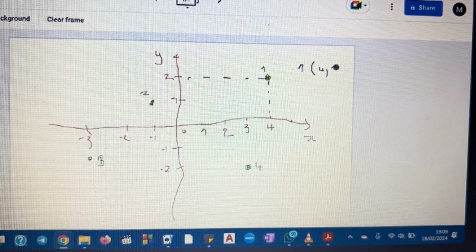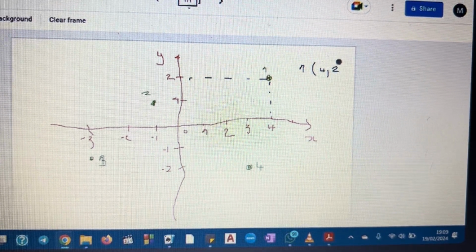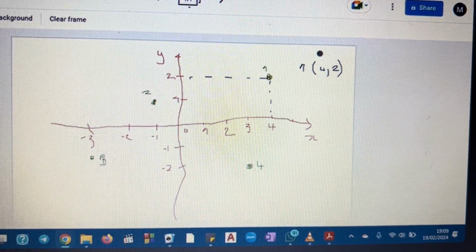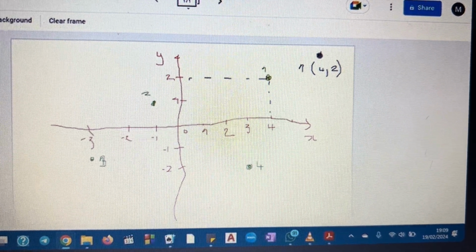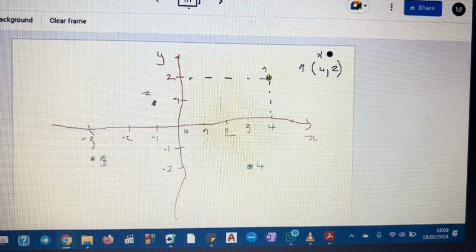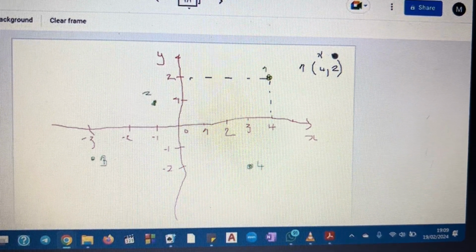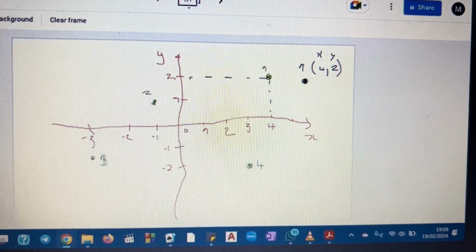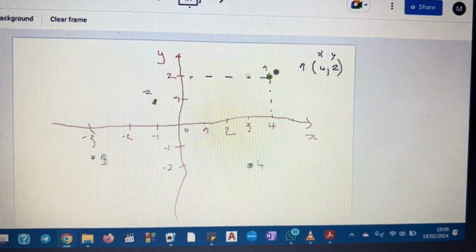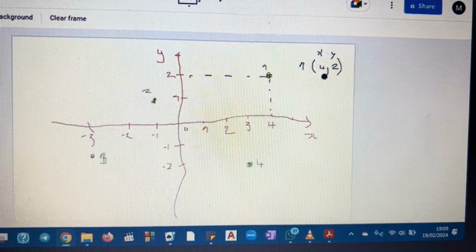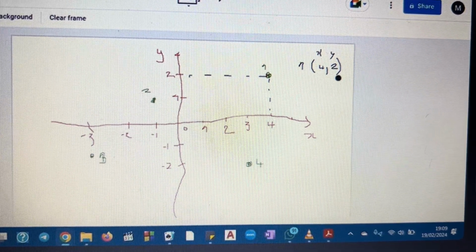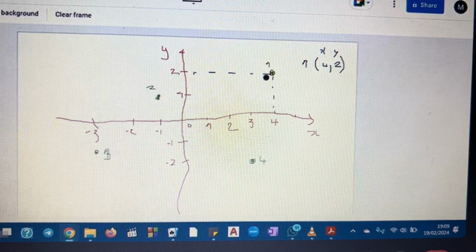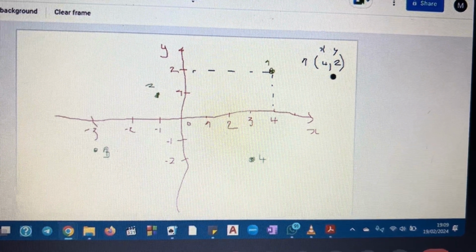So we have our 2 there. So the 4 represents the position on the x, and then the 2 represents the position on the y. And so to describe this position here, point 1 is positioned on the point 4, 2, with reference to the origin, which is here. So if we were to describe this point, we describe it like that.